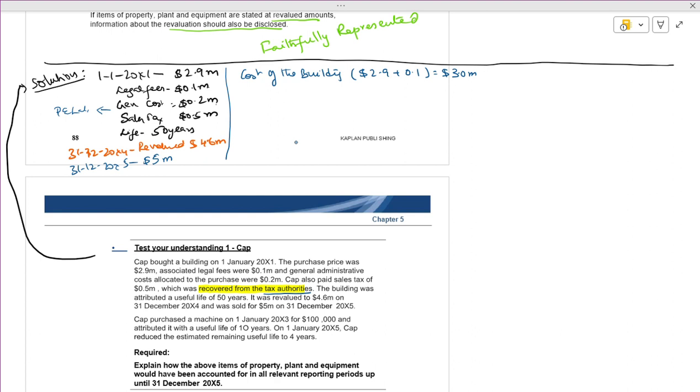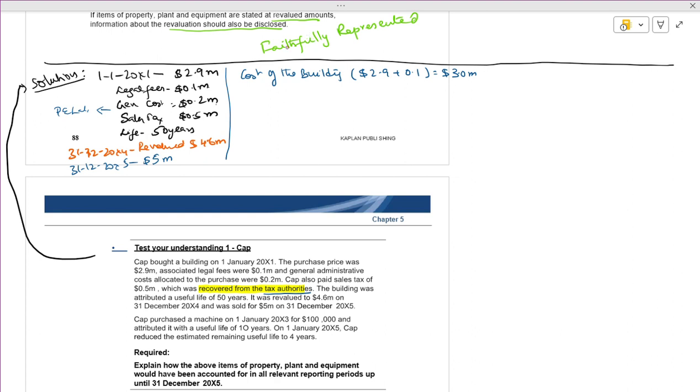Now, how much is the depreciation? First, they have revalued to 4.6. Is it right?